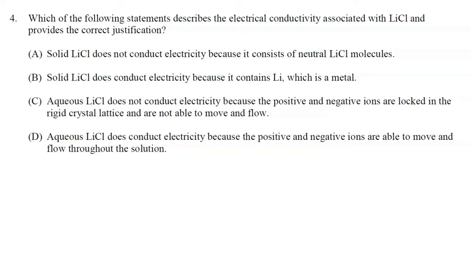Number 4 says, which of the following statements describes the electrical conductivity associated with LiCl and provides the correct justification? So we know that LiCl is an ionic compound. Let's take a look at the conductivity of both ionic and covalent compounds.